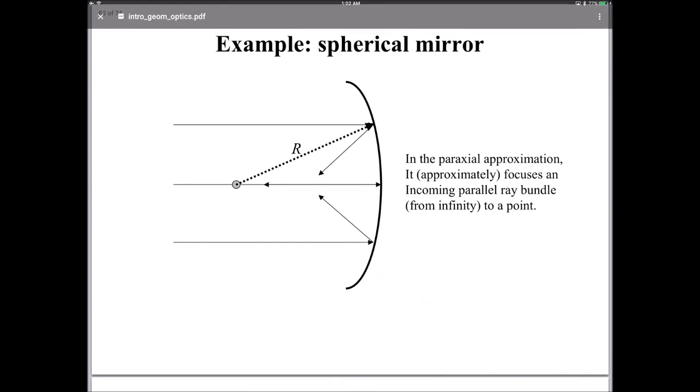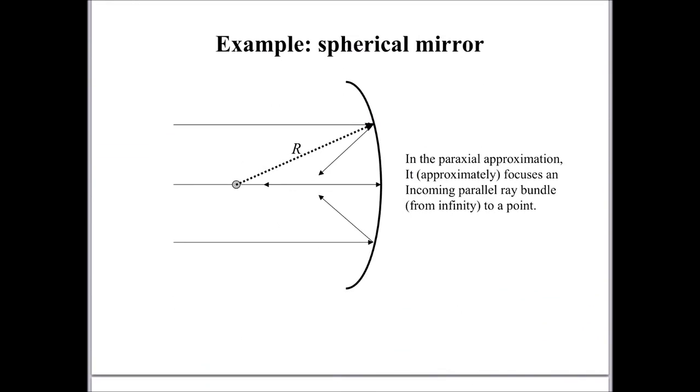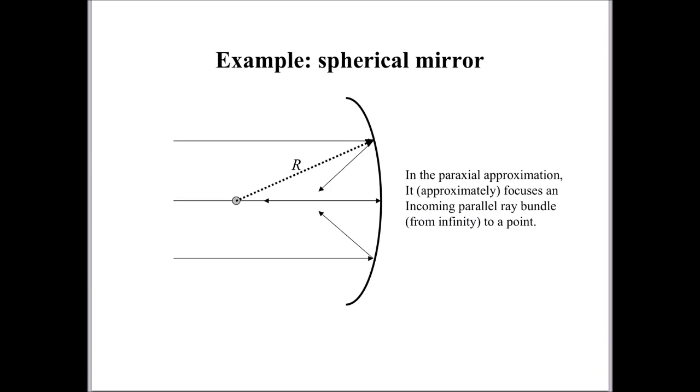Okay, so this is a case of imaging with mirrors, and the first example that we have is that of the spherical mirror. In the case of the spherical mirror, we are again going to consider the paraxial approximation, and that is that the light rays are traveling very close to the optical axis, and they are parallel to the optical axis.